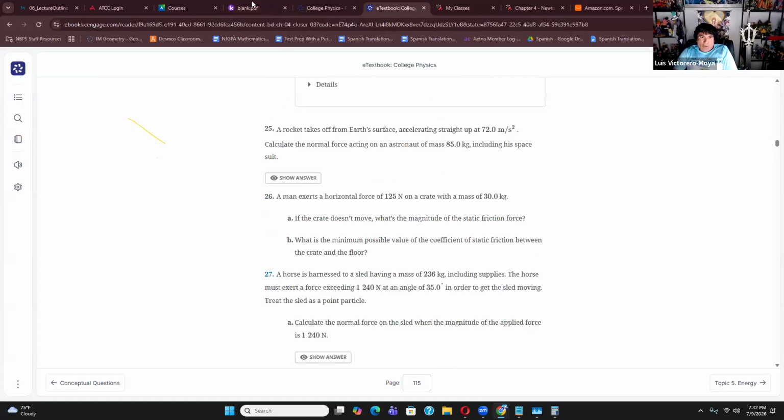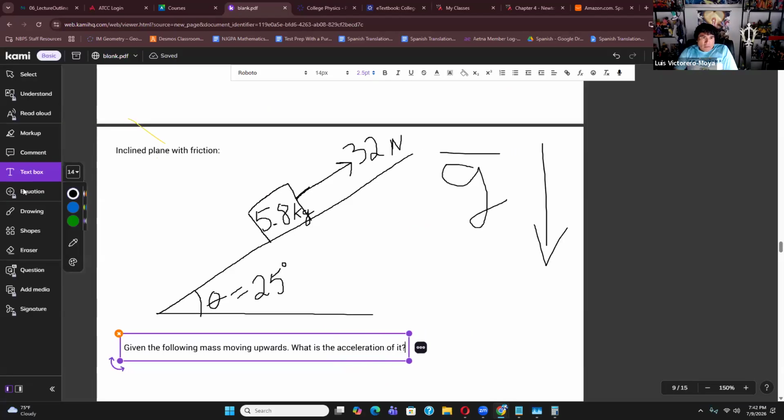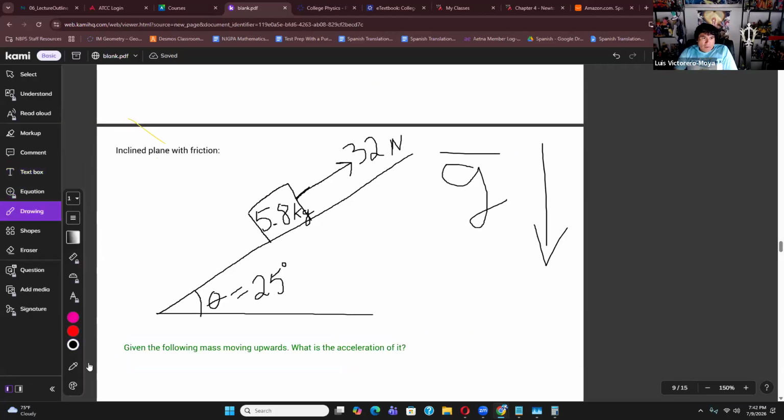Friction is 0.1, so mu k is 0.1. So the mass is moving upwards due to this force. It's accelerating, of course. What's the value of the acceleration?